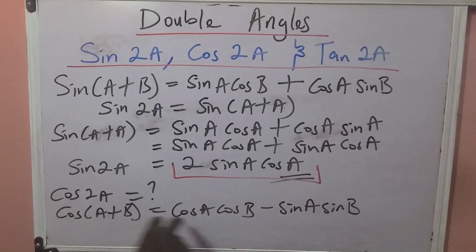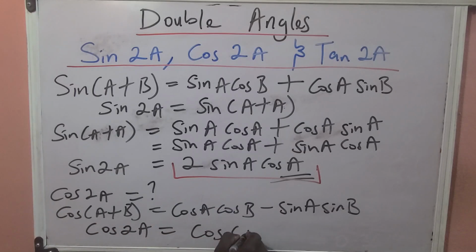I'm sure I stated this identity very clearly. So in this case, when we're dealing with cos A plus B, we had this. But don't forget, our cos 2A can be written as cos A plus A. So obviously, we can make use of our compound angle to resolve this particular function.